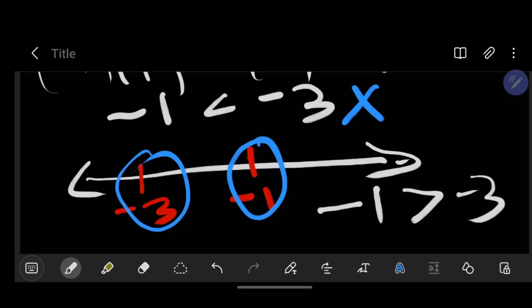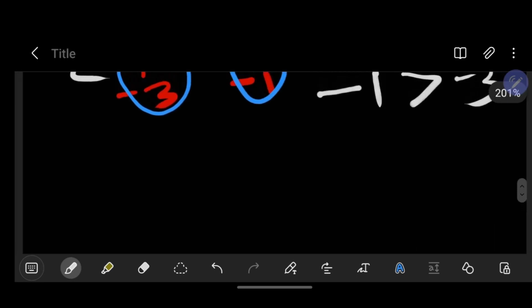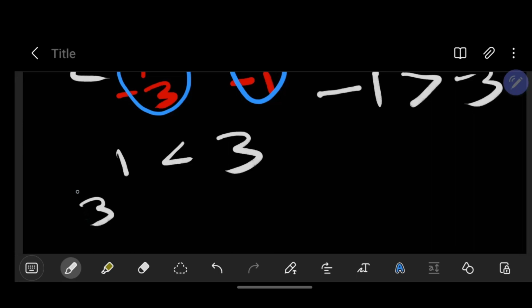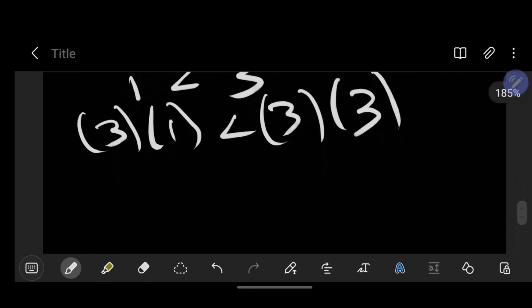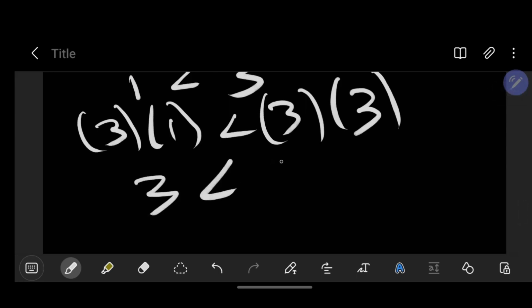Let's look at it from a positive perspective and put these two together. Let's say we have the same: 1 is less than 3, and let's multiply both sides by +3. So we have 3 into 1 is less than 3 into 3. This gives you an answer of 3 that is less than 9.